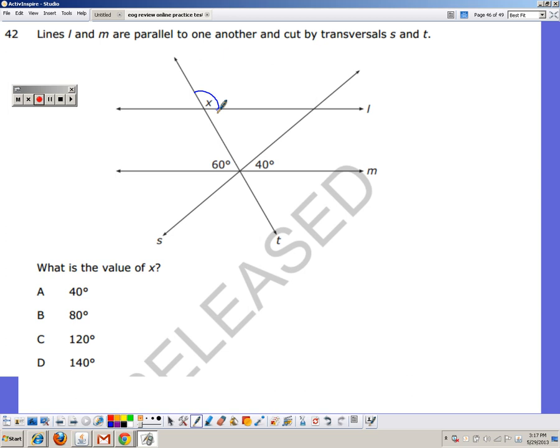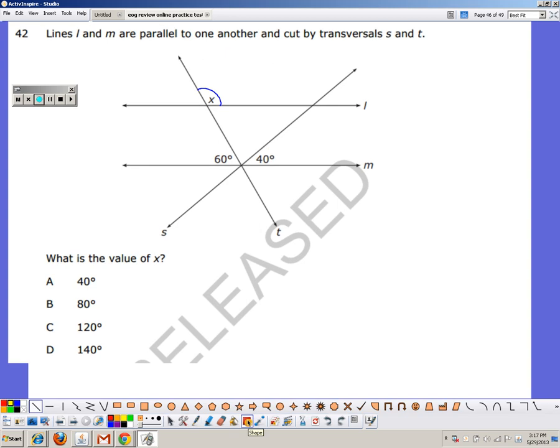Line X sits upon line T and line L. Line T is here. The line L is here. N is parallel to line L, so I'm going to highlight that as well.